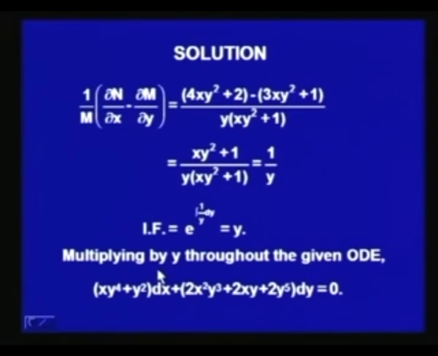So we multiply the equation by y throughout and have (xy^4 plus y square) dx plus (2x square y cube plus 2xy plus 2y^5) dy equal to 0.